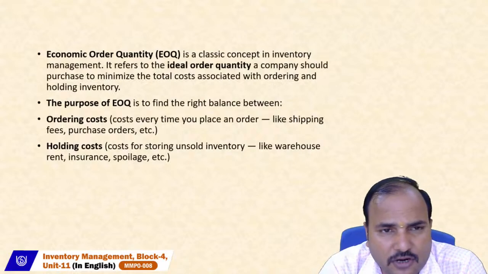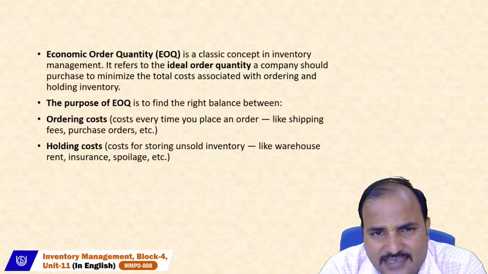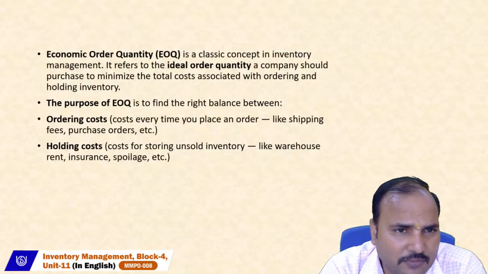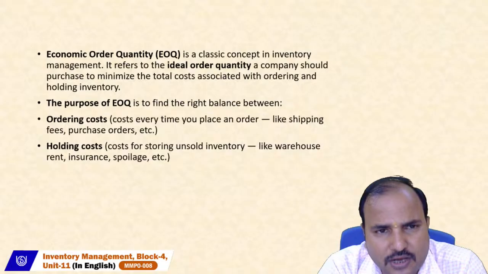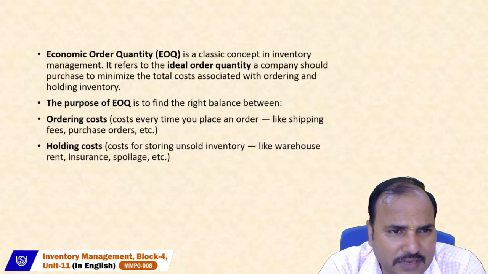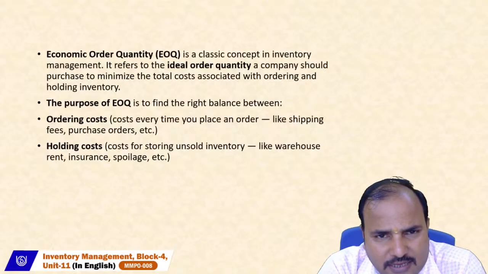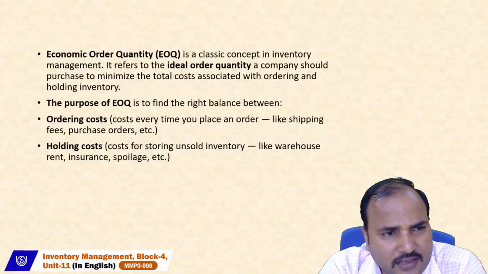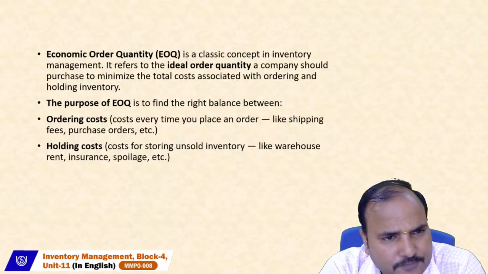So these are the things. And economic order quantity, basically, is a classic concept in inventory management. It refers to the ideal order quantity a company should purchase to minimize the total cost associated with ordering and holding of the inventory.